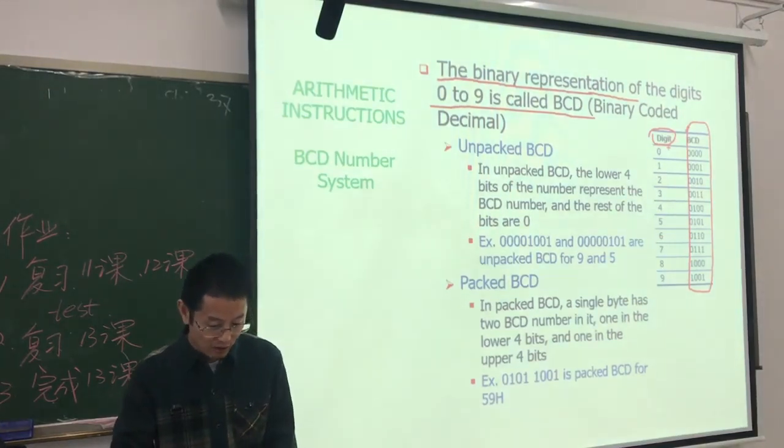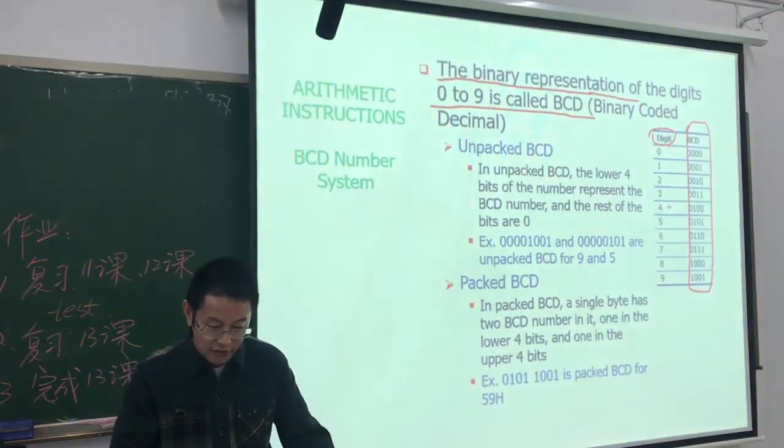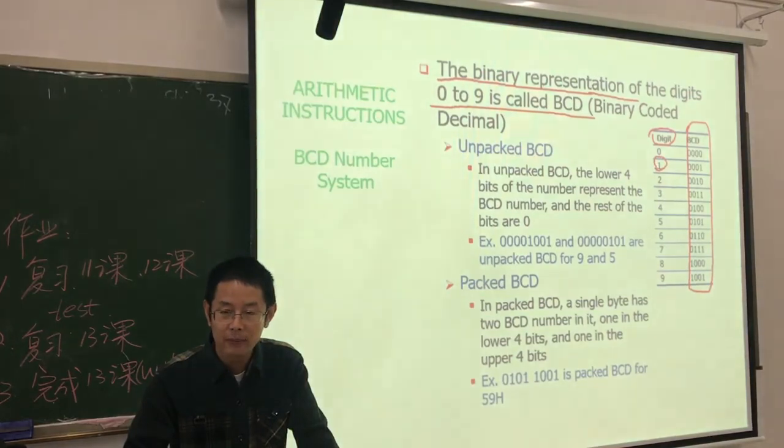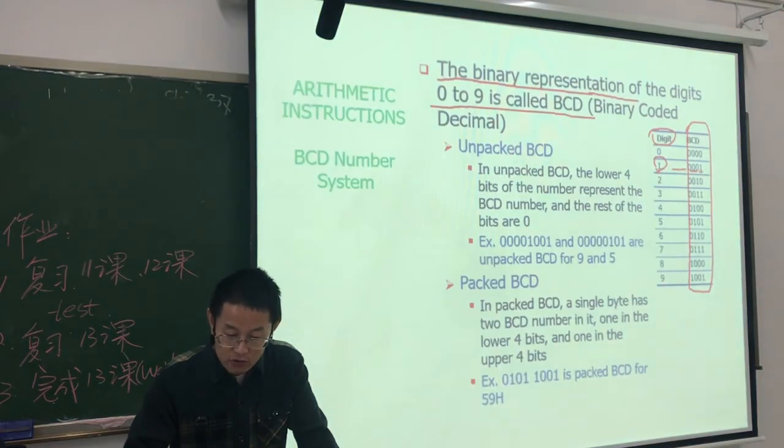I give you an example. If you have a digit 1, if you use 8 bits it is 0000 0001. But if you use BCD code, just 0001.